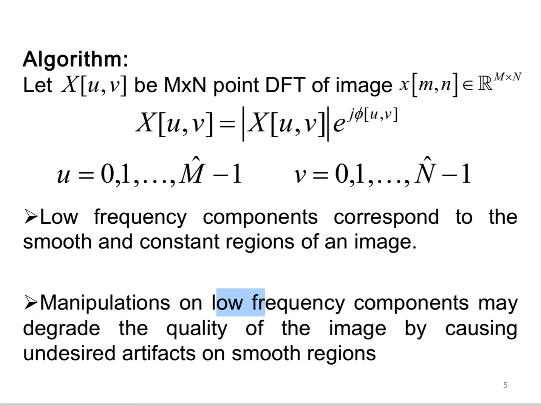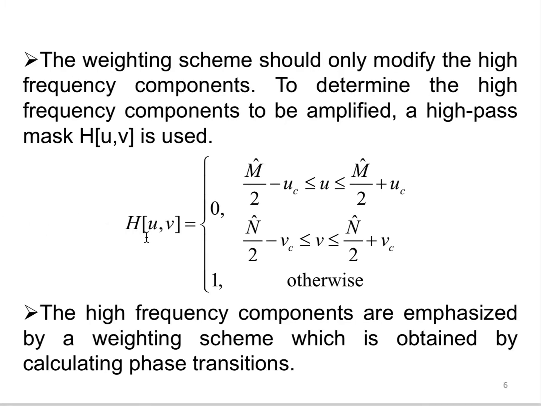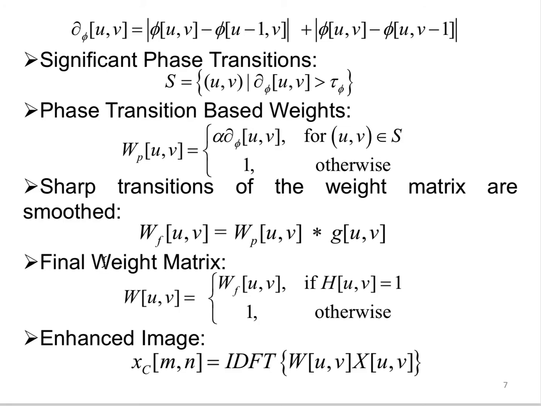We calculate the DFT. Then we have this high frequency mask. It has these parameters uc, vc, which determine the low pass region of the image. Then we look at the phase of the image. Phi(u,v) is the phase.